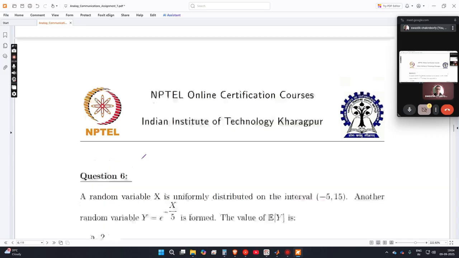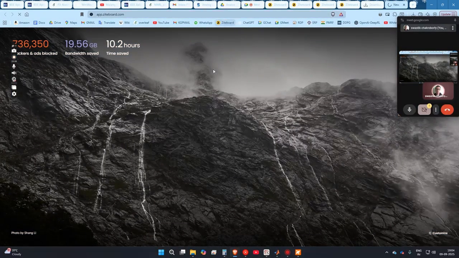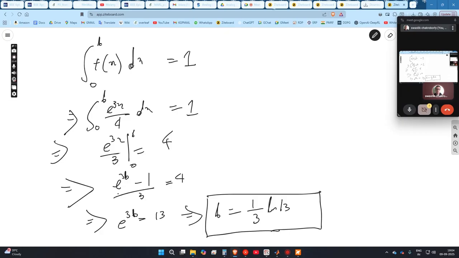Next question. A random variable x is uniformly distributed on the interval -5 to 15. Now uniform distribution means that in the domain of the random variable, the probability of occurrence of any particular subset of the domain is proportional to the length of that subset.